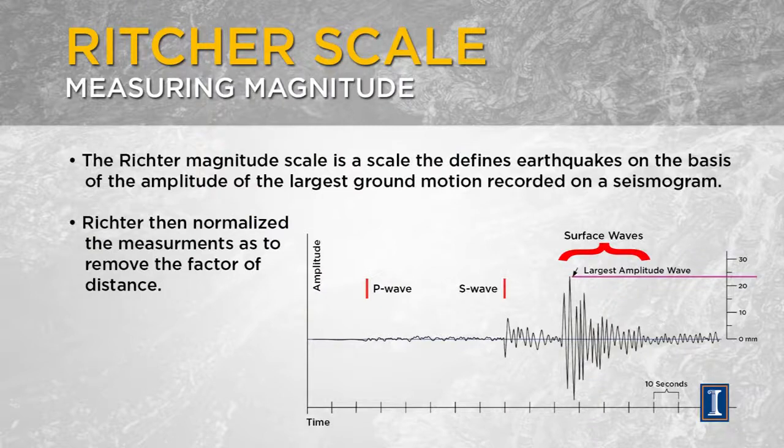What he did was he measured the amplitude of the largest earthquake wave recorded at a seismometer and normalized it so that he translated that into the amplitude that the earthquake would have at a distance of 100 kilometers from the epicenter.